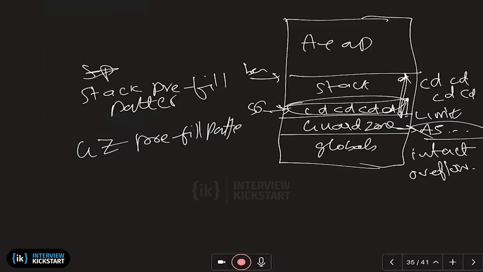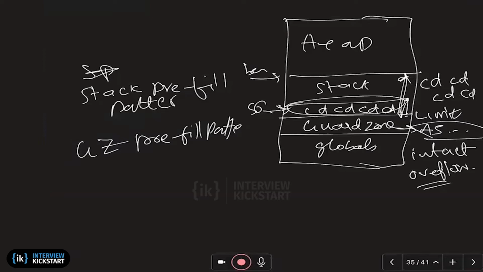So the stack pre-fill pattern is used to see if the size limit that you have provided is good enough, and the GodZone is for overflow detection. You can scan the GodZone and look for the pattern signature. If the signature has been overwritten, then the stack has overflowed into the GodZone.